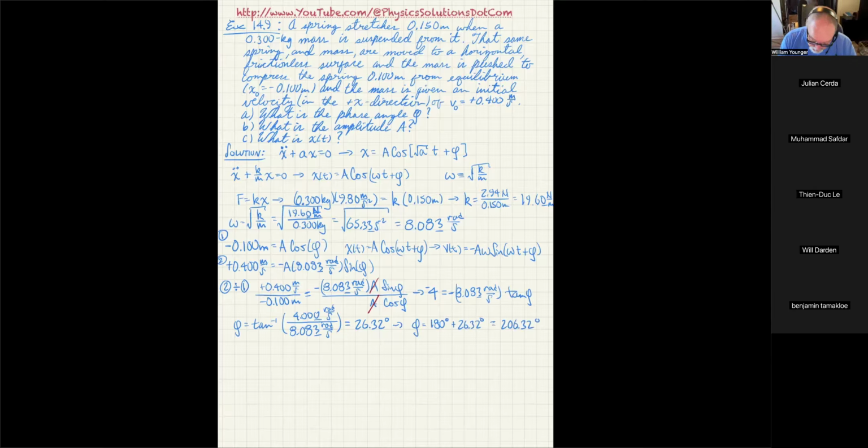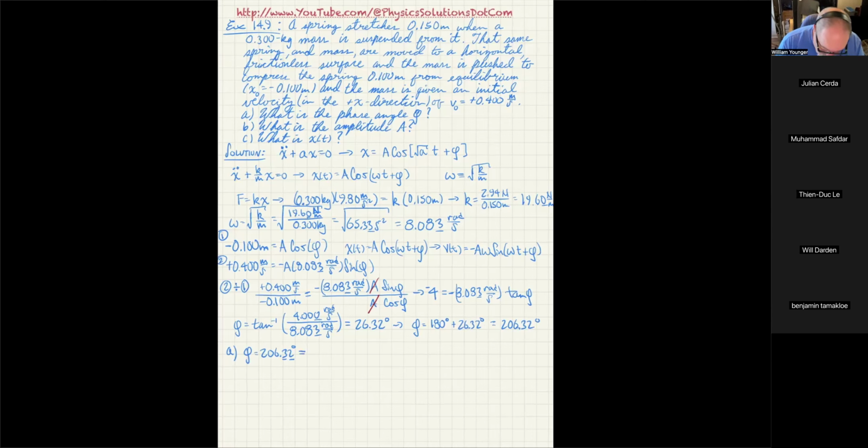And of course, we don't normally express the phase angle in degrees, so we need to convert that to radians. But the main thing is we now have phi. So for part A, phi is equal to 206.32 degrees, and technically we only had three sig figs.